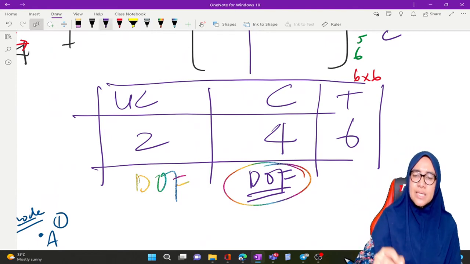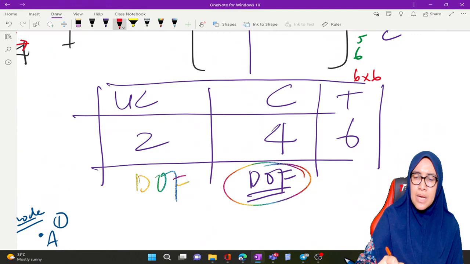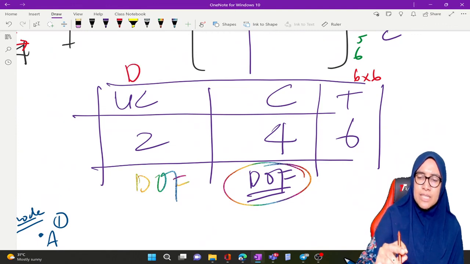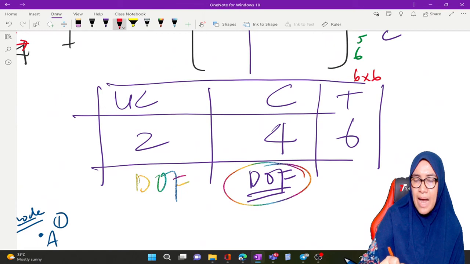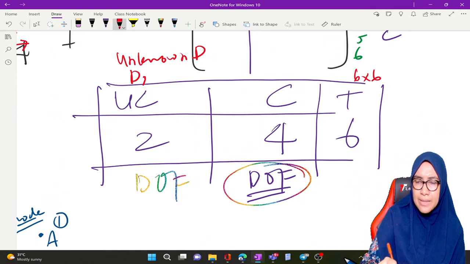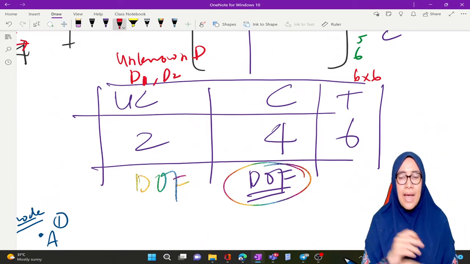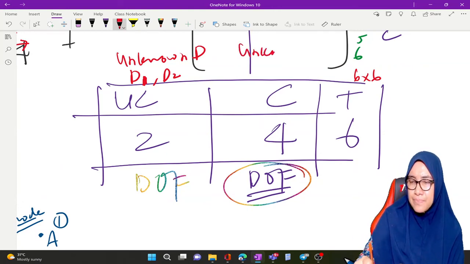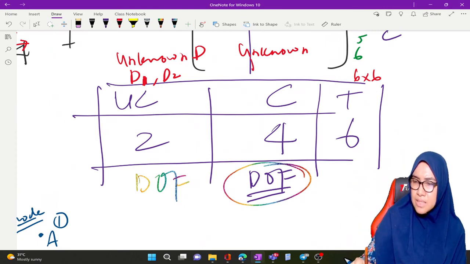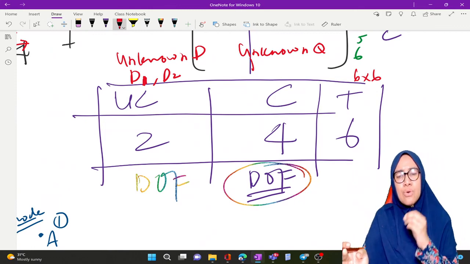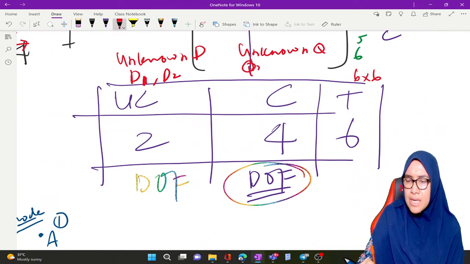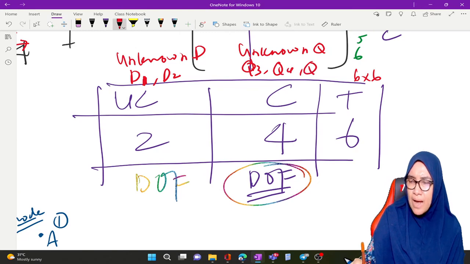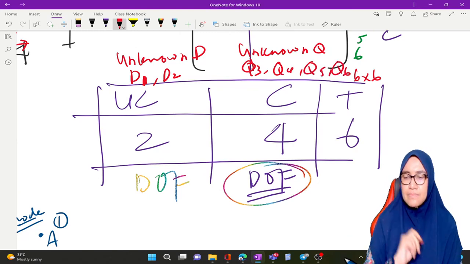In the unconstrained system, displacement is unknown. There will be unknown displacements, which we label as D1 and D2. And in the constrained system, there are unknown reactions, unknown Q, which we label as Q3, Q4, Q5, and Q6.